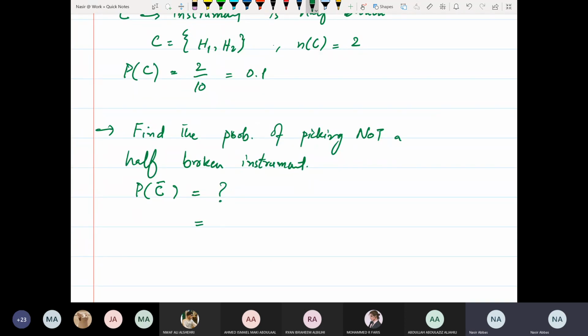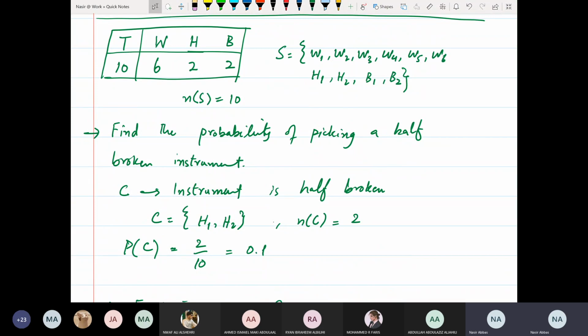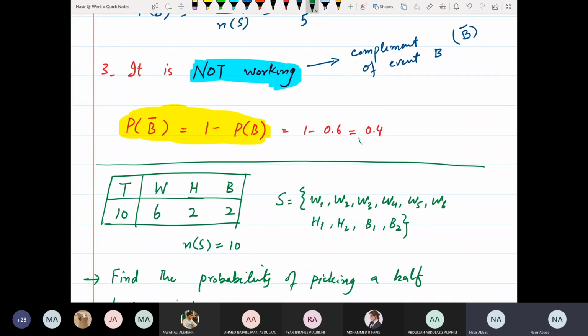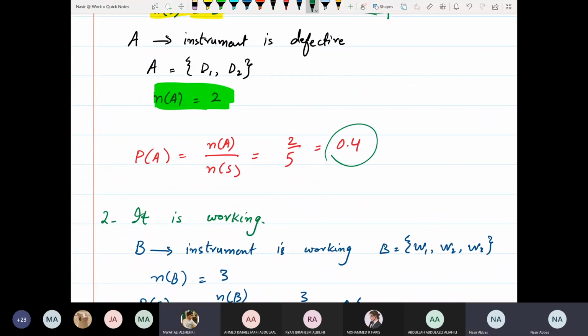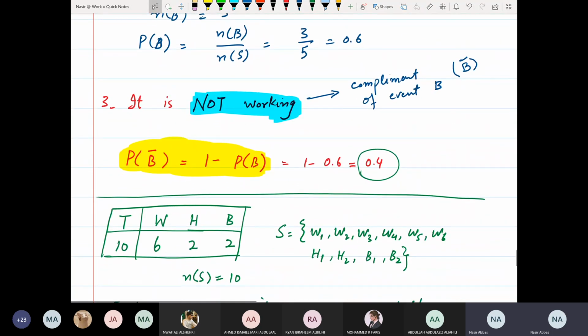So you will use the complement rule, 1 minus the probability of C, which will be 1 minus 0.1. This is going to be 0.9. The only point I was saying is that this 0.9 is not going to be equal to the probability of W or the probability of B. Like in the first question, this 0.4 came out to be exactly the probability of A, because the only other category was A. Now the only other category is not W or B, so it will be a mixture and different from these things. But the general rule will be the same.